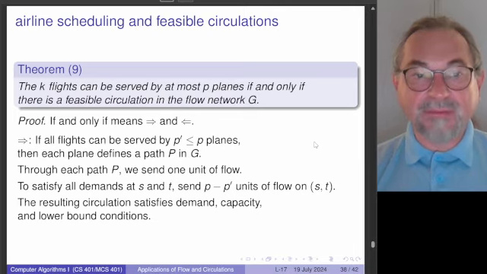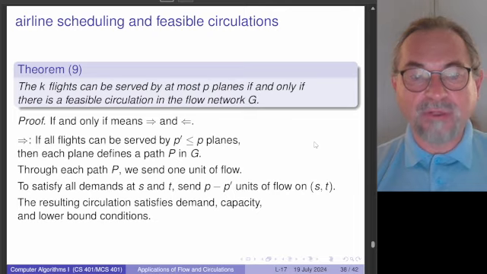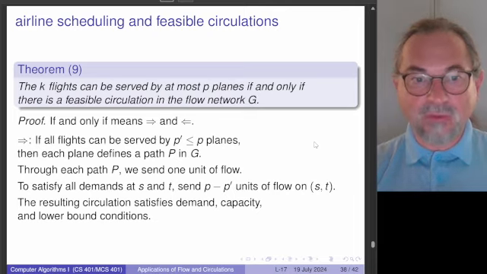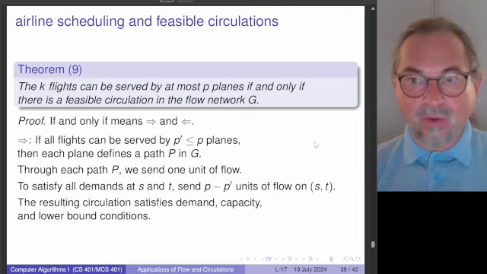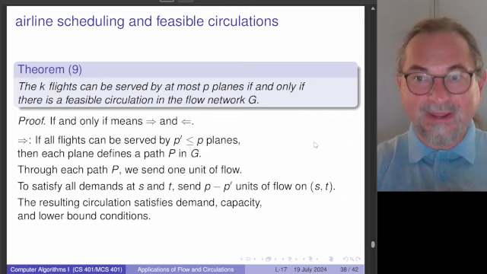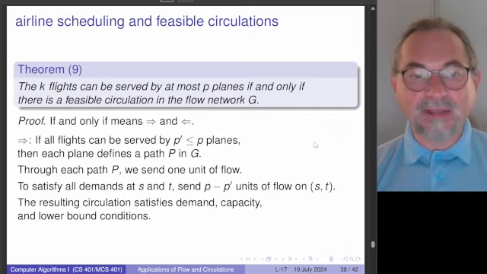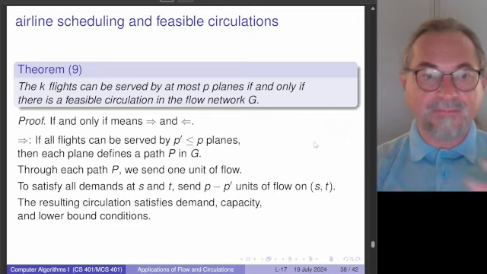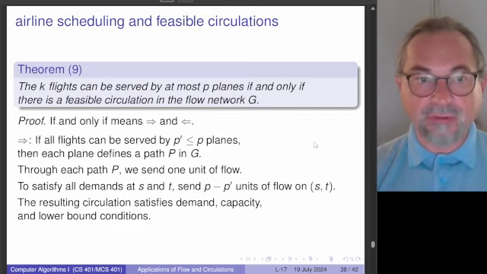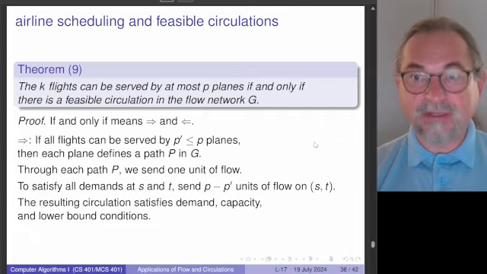With every path, we can send one unit of flow. Since the internal nodes all have demand 0 and the flow is preserved, a plane that comes in also leaves, that's one way to see this at the internal nodes. So we send in that much flow, and we have a circulation which satisfies the demand, the capacity, and the lower bound conditions.